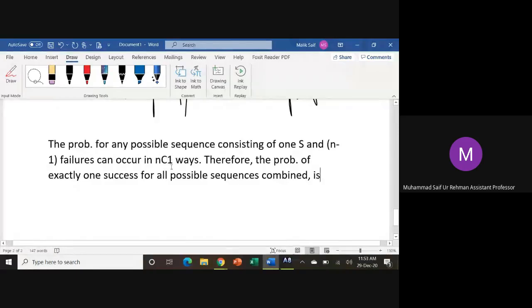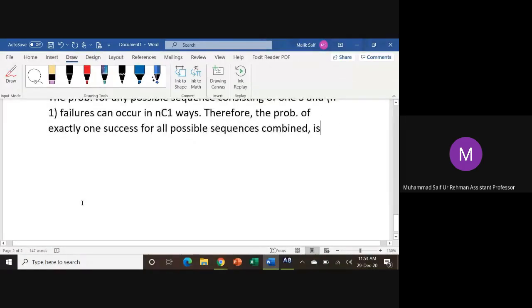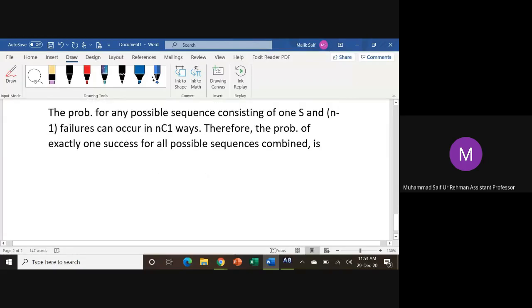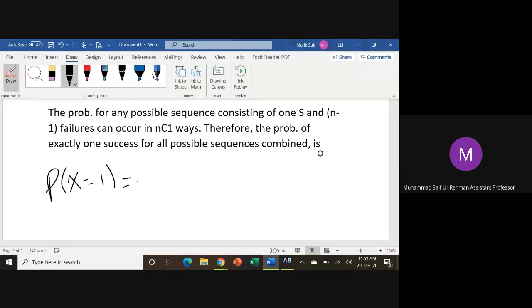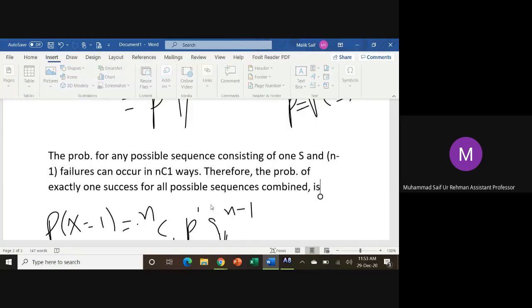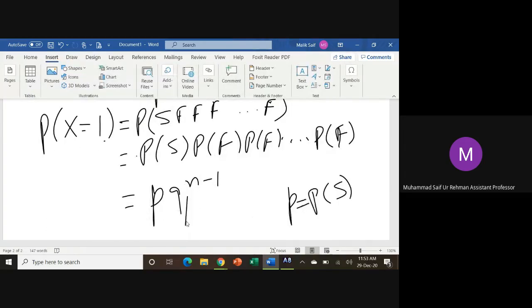So you can write probability of X equal to 1 is equal to NC1 P power 1 and Q power n minus 1. We have proved up to this point that probability of X equal to 1 is P into Q raised to the power n minus 1. But how many ways could this occur?